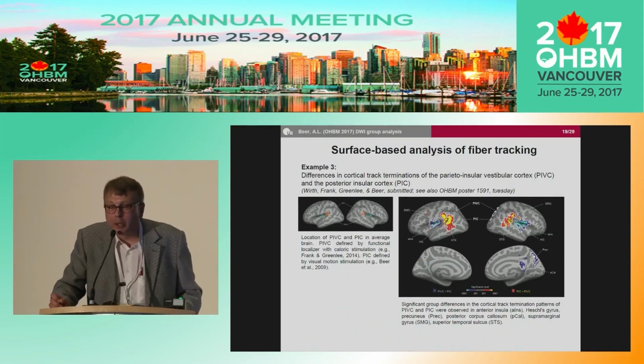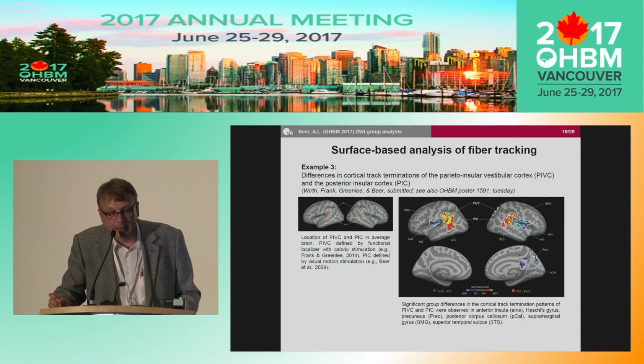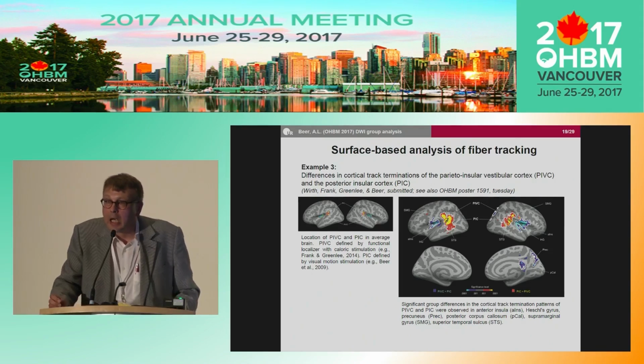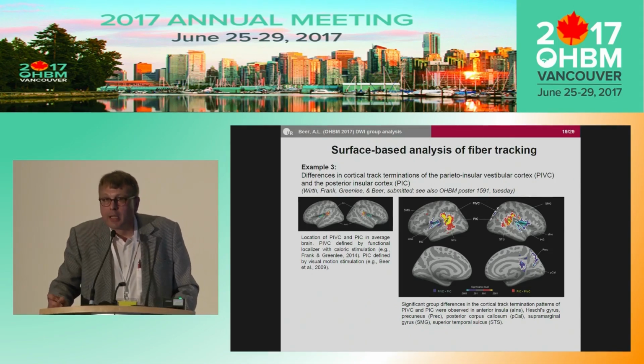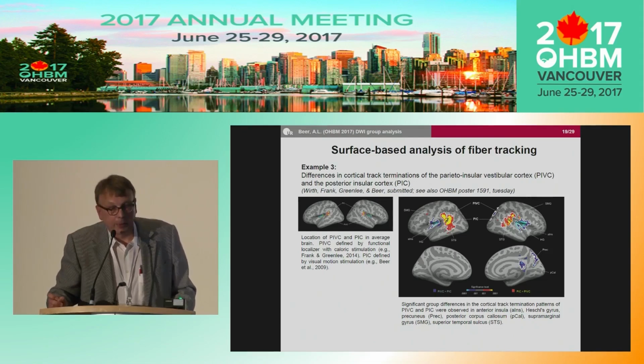Finally, we also examined the cortical connectivity profile of two brain areas, PIVC and PIC, that are involved in visual vestibular integration. And I'm presenting that on Tuesday as a poster in case you're interested.